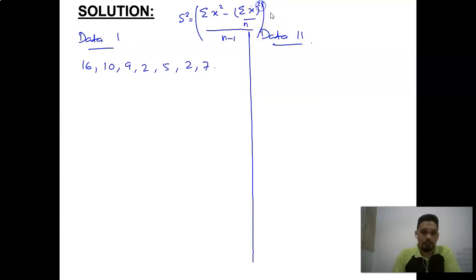Okay, so it means that here we need to find the summation of x squared and the summation of x in bracket square.